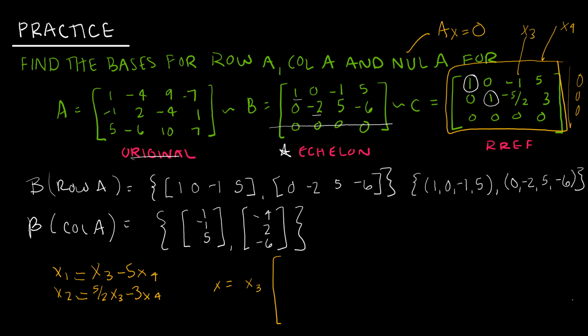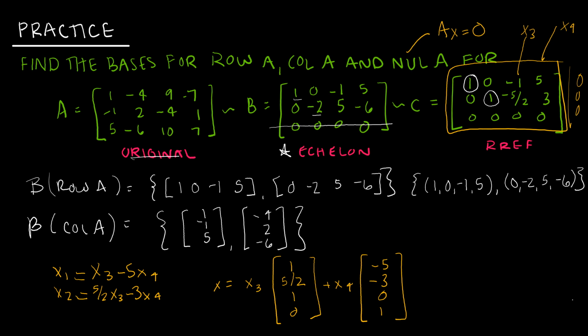So for x3, I would have 1 x3, I would have 5 halves x3, I would have 1, because that's the free variable, and then 0. And then for x4, I would have -5, -3, 0, 1.